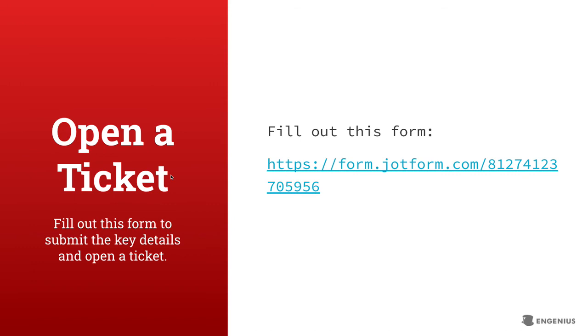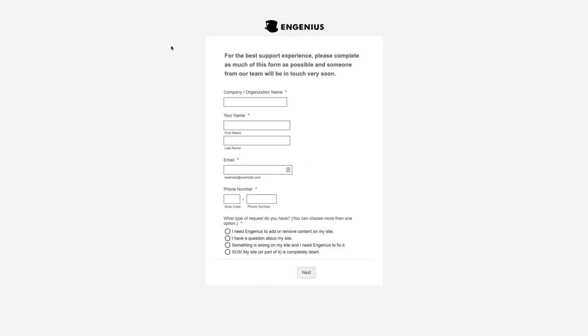So now you can fill out the form to open up a ticket. And this is just our normal support form, which you may be used to. You can click on this link, which again is in the notes, and fill out your company name, your name, email, and phone number. And then if your site's completely down, you would select this option here.